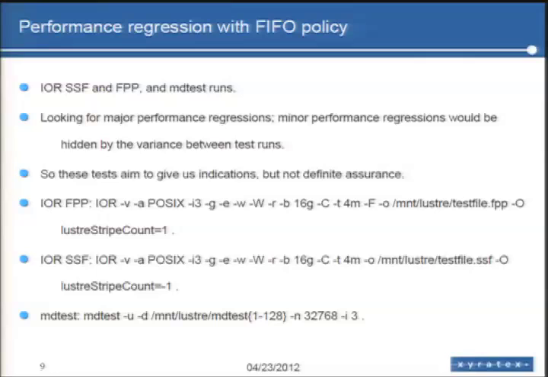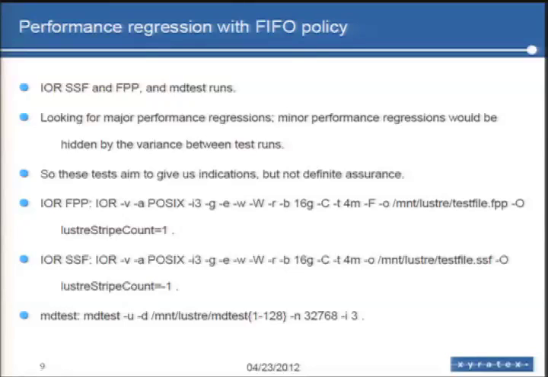So for this series of tests, we're using IOR for single shared file performance and file per process performance, and also MD test for file and directory operations for metadata testing.